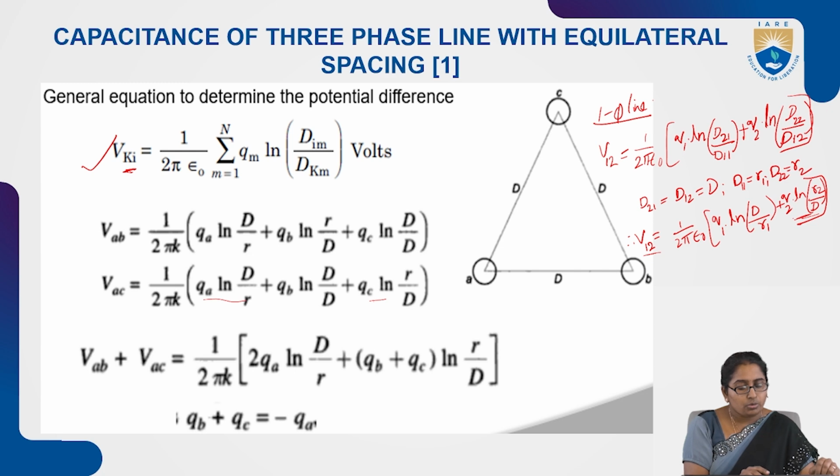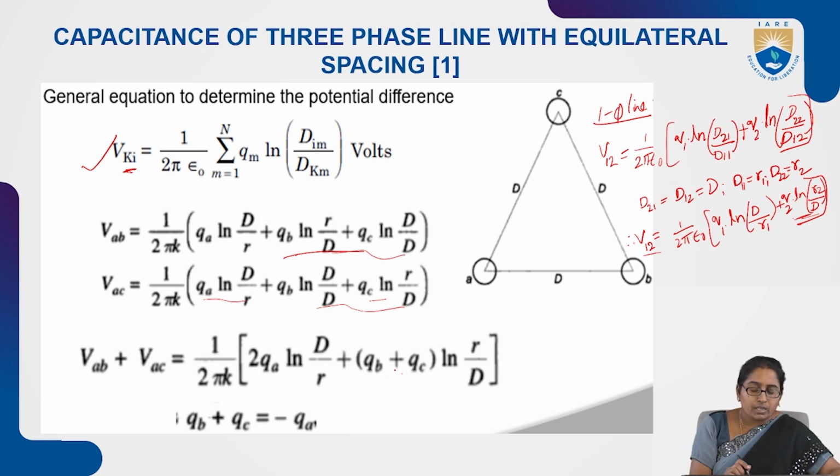QA has two components, so 2 QA log of capital D by R. QB has two terms, log A plus log B, and similarly QC also becomes log of R by D. After simplifying, QB and QC have the same term, log of R by D. So the simplified expression is like this.